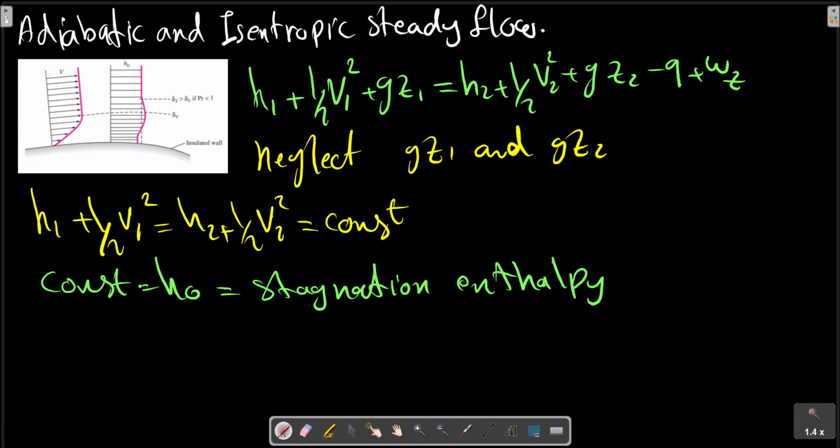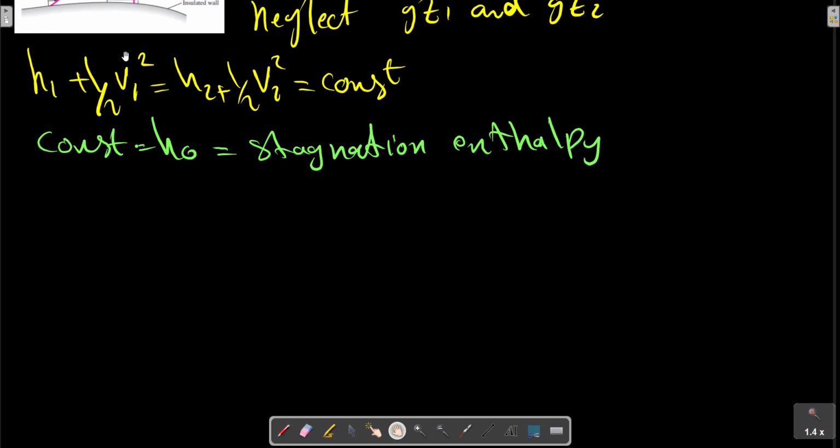Thus we can rewrite the equation as this expression. This should hold for a steady adiabatic flow of any compressible flow outside the boundary layer.